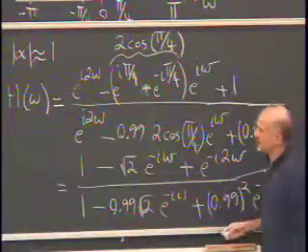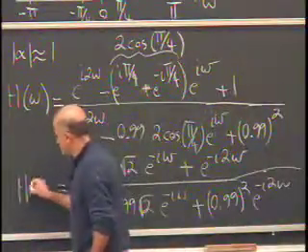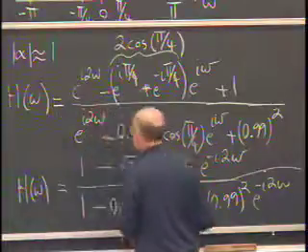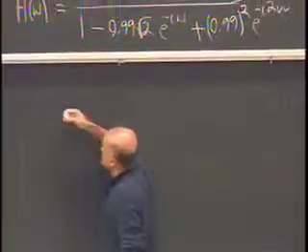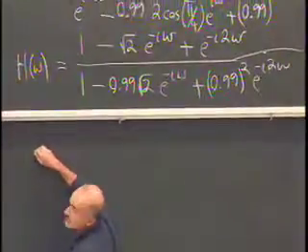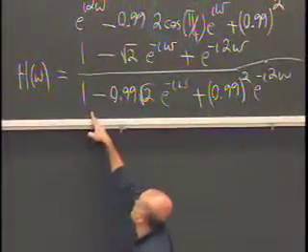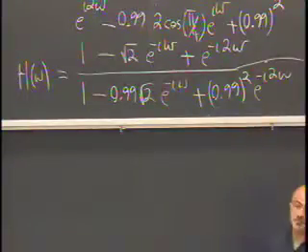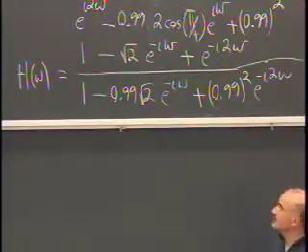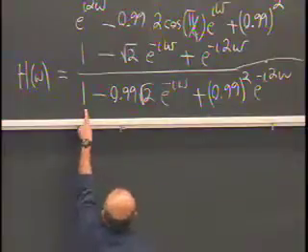Now you have it exactly in the form that you need to write down the difference equation. And what's that difference equation? So the denominator will correspond to the y terms. The numerator will correspond to the x terms. So this one doesn't have an e to the minus I omega.